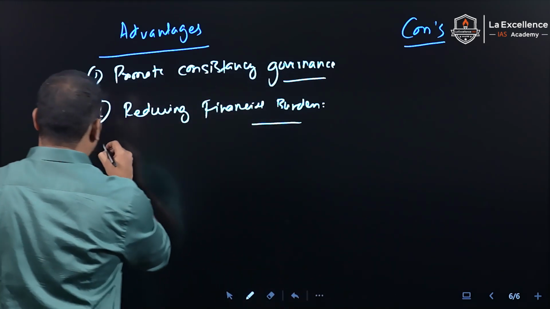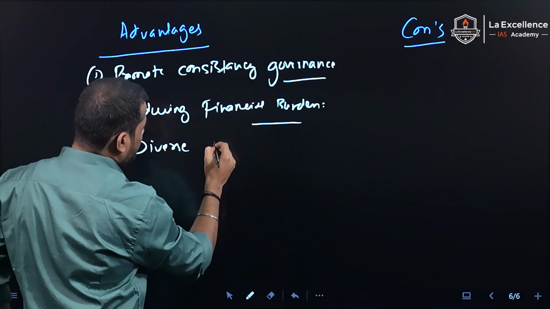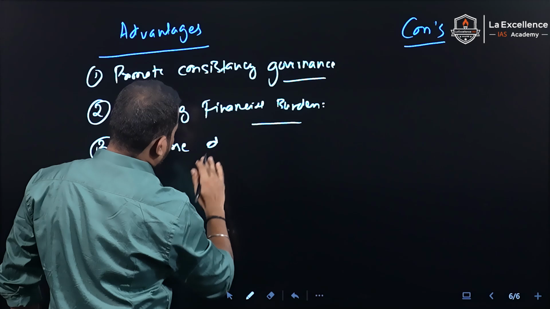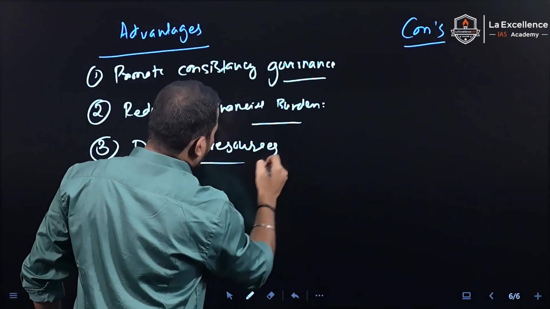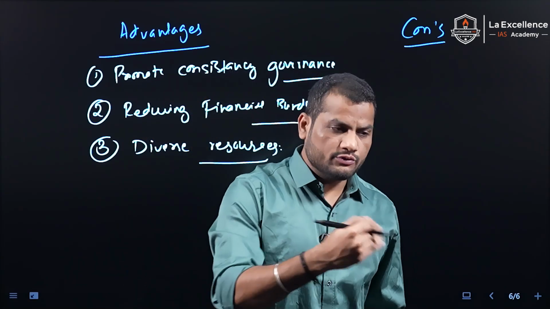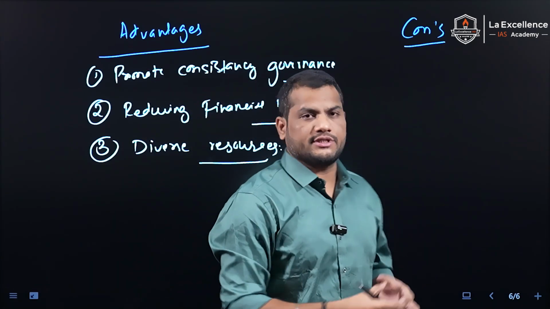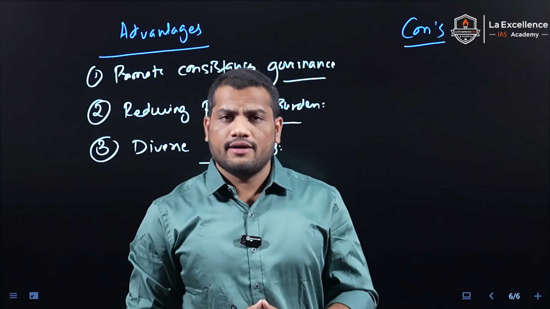Third one is that diversion of resources. Whenever we conduct elections, the Election Commission of India will use other government officials for the election purposes, right?